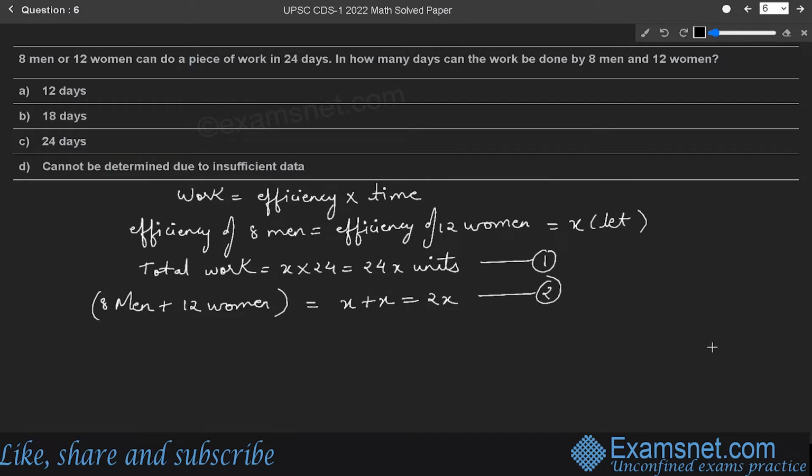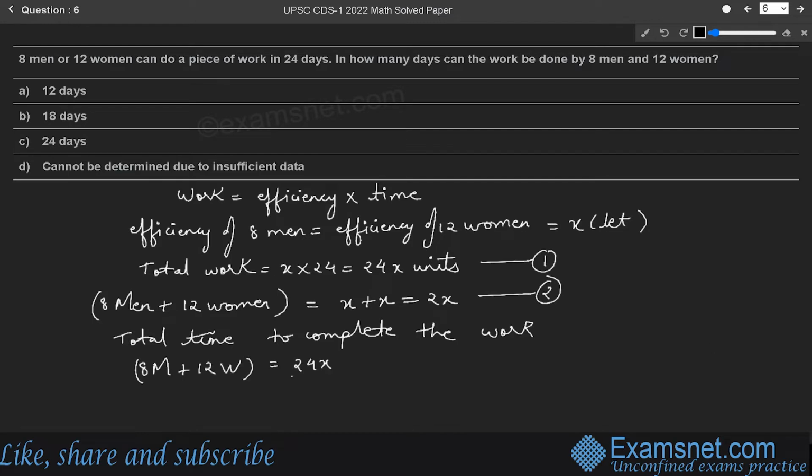Now from equation 1 and equation 2, we can say that the total time to complete the work by both men and women will be, for 8 men plus 12 women, 24X by 2X, which gives 12 days. So this is the total number of days required by 8 men and 12 women together. So the correct option for this question is option A, which is 12.